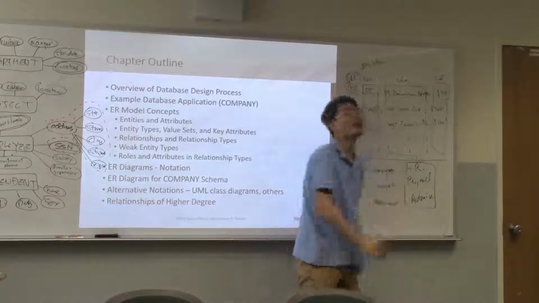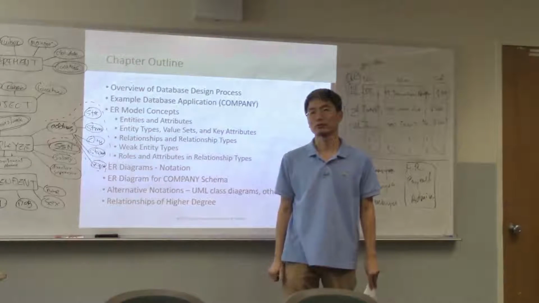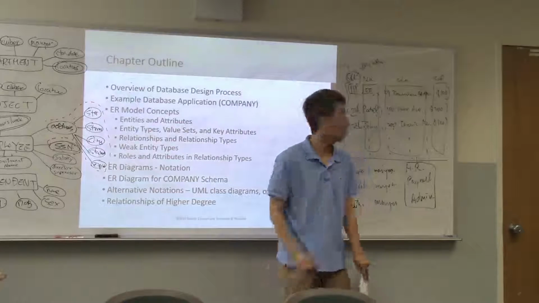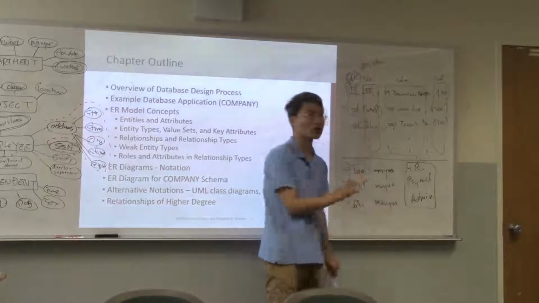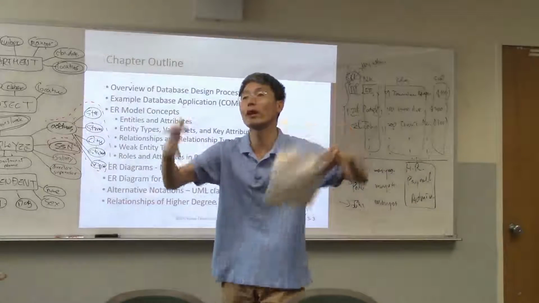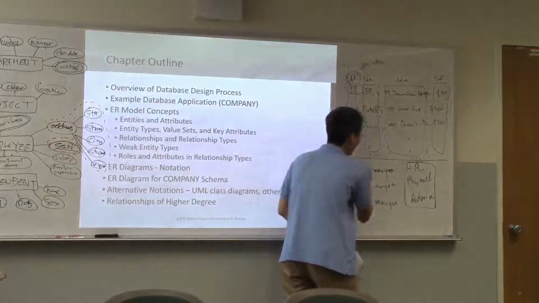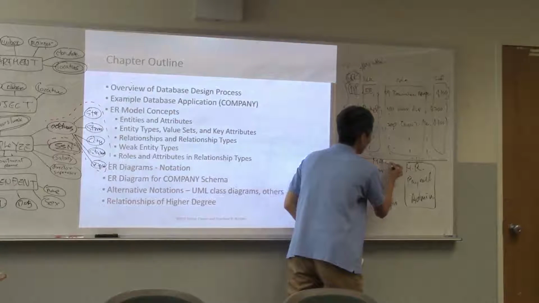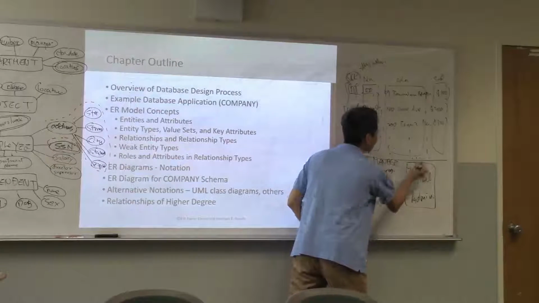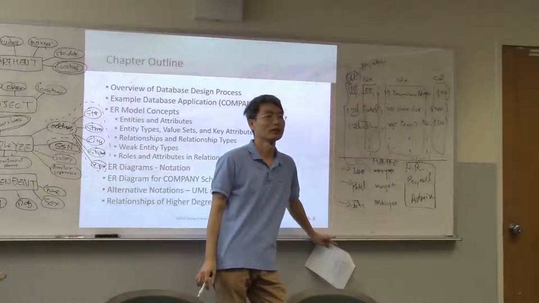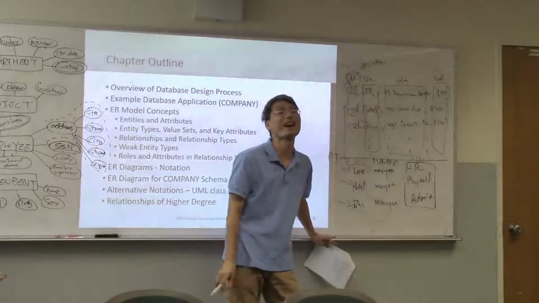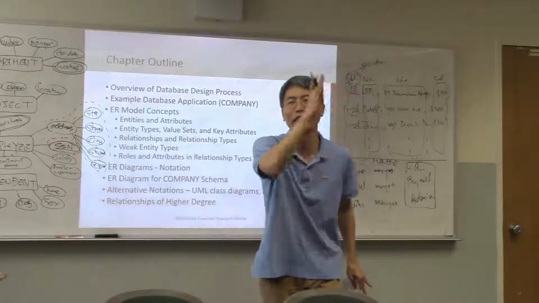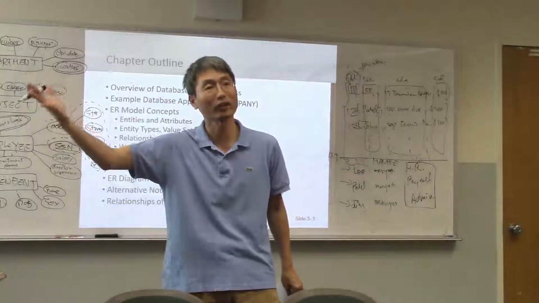So this is called a relationship. So one relationship. By collecting all the relationships, you may realize employee, manage, department. This is called a relationship type. Just like the entity, then entity types.